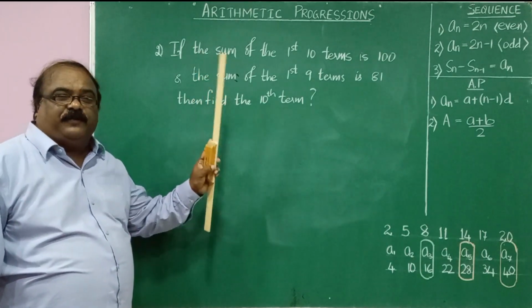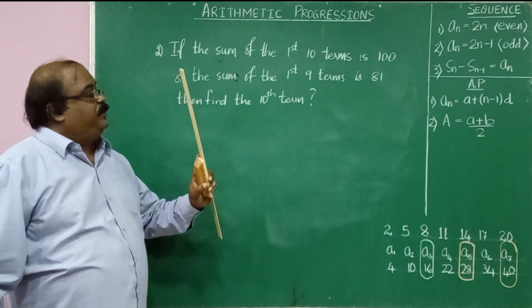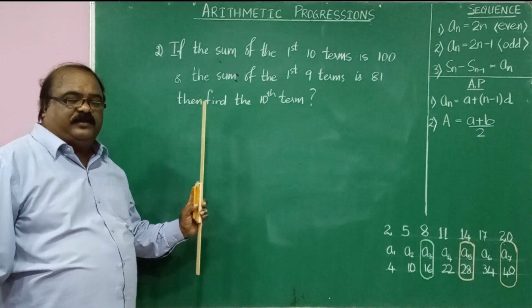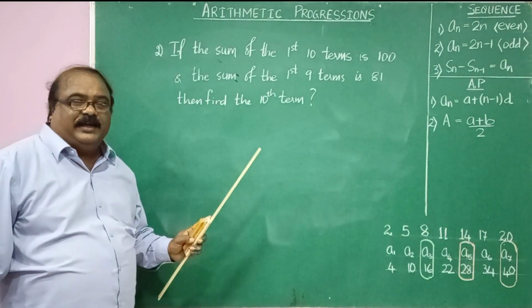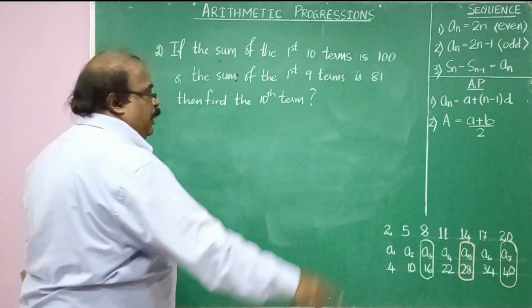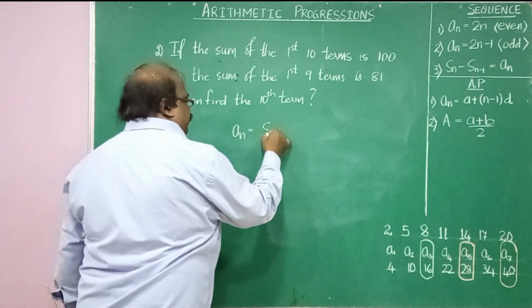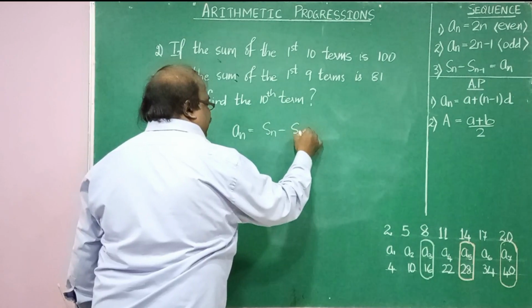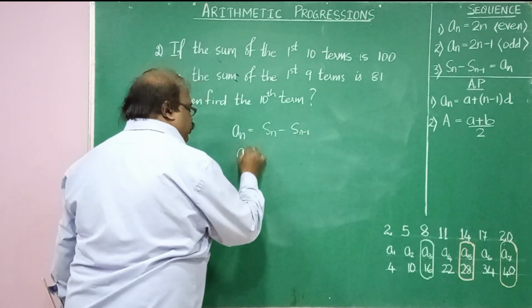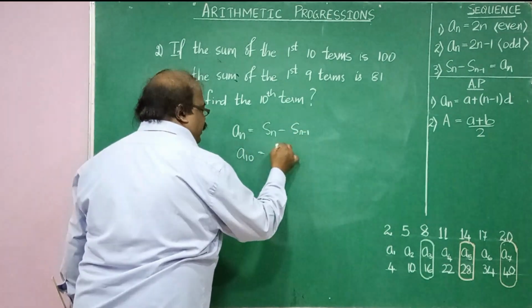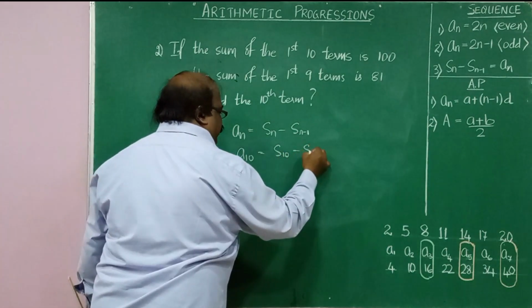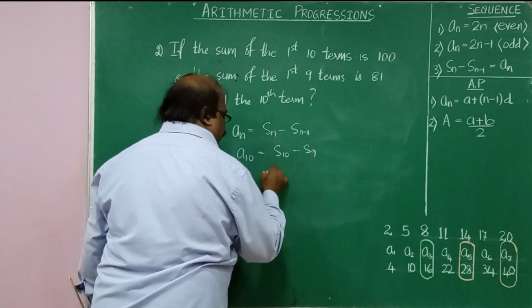I have given you the sum of the first 10 terms and the sum of the first 9 terms of a given sequence, and I am asking you for the 10th term. I use the same formula. I know that An is nothing but Sn minus S of n minus 1. So A10 is S10 minus S9.